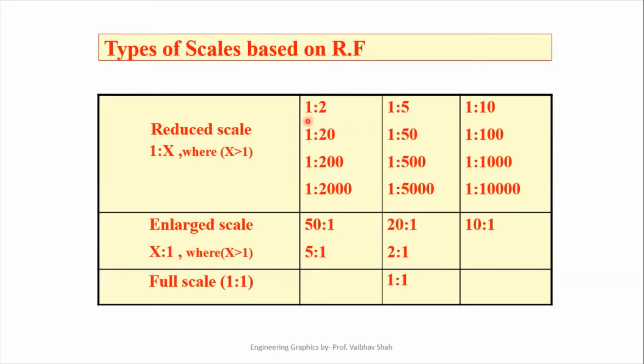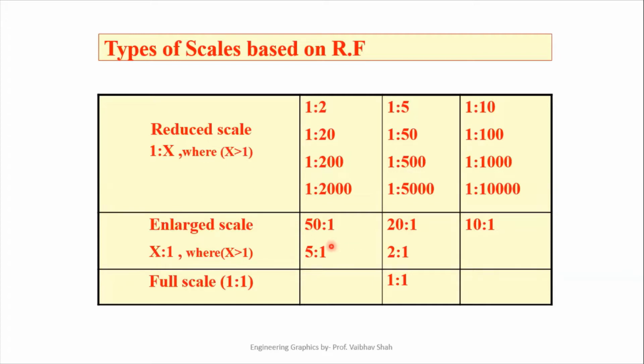Check: 1 is to x, 1 is to x, 1 is to x, and in each case x is obviously greater than 1. So this is your reduced scale. Similarly, from the examples of enlarged scale we can say that x is to 1 is the form of enlarged scale, where x is greater than 1. Let us check: x is to 1, x is to 1, x is to 1, x is to 1. So this is nothing but your enlarged scale.